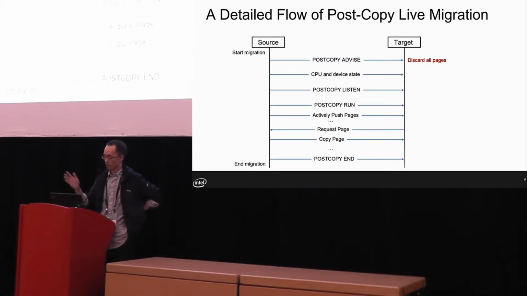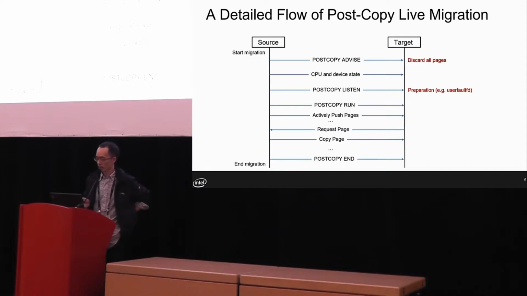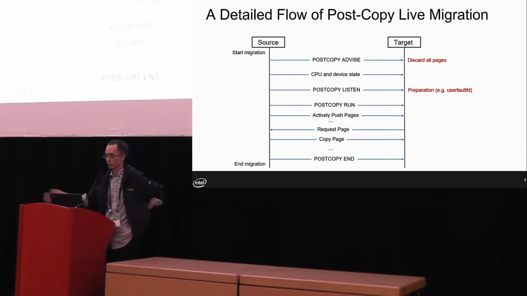After that, the CPU and device data are migrated, and a post-copy listen command is transferred to the target. When receiving this command, the target needs to create a userfault FD and register a range of memory that QEMU wants to monitor to handle the user fault.